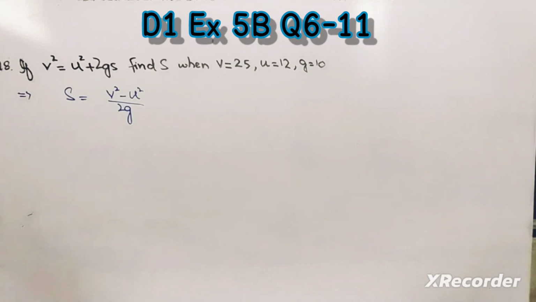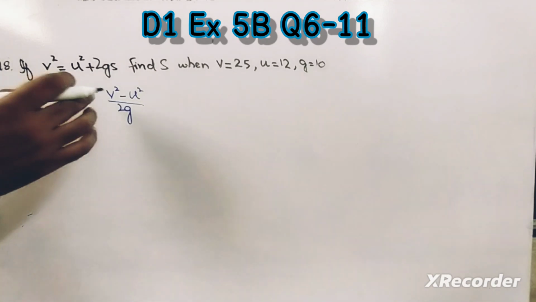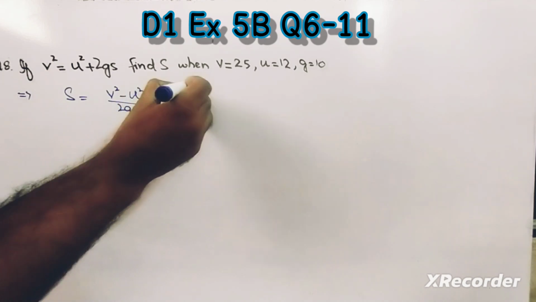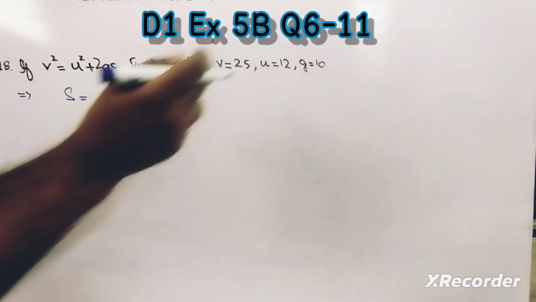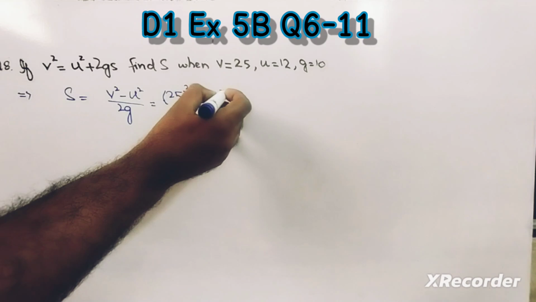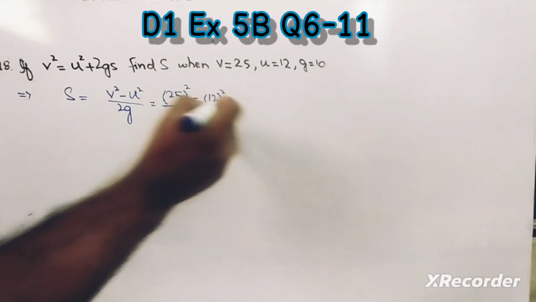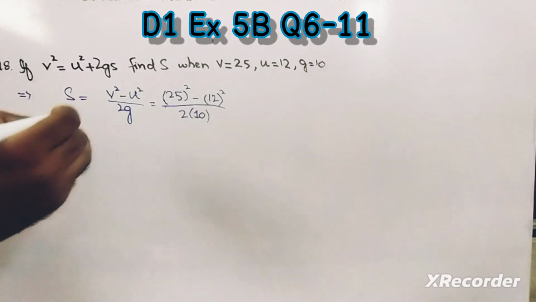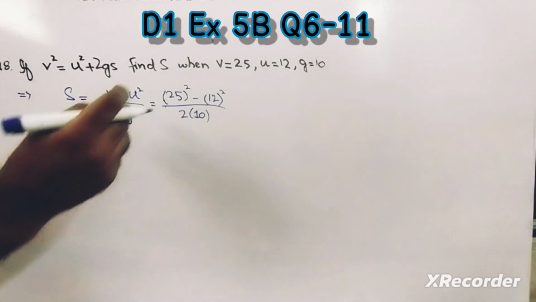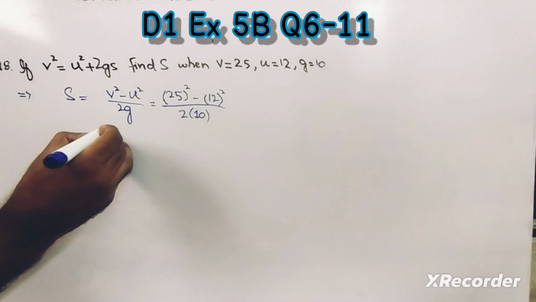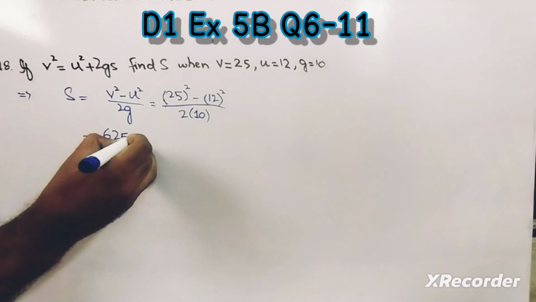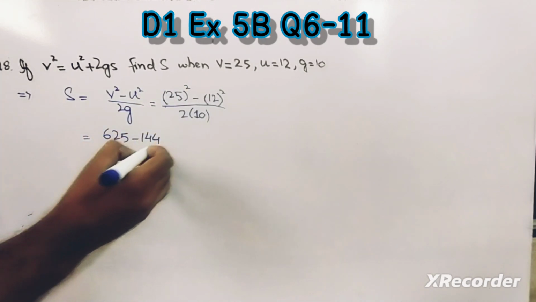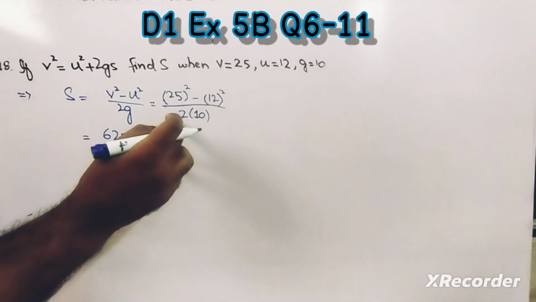Now substitute the values of the given variables, like that. V square means square of 25, minus u square, that is 12 square, upon 2g, 2 times 10. By solving, what we get is square of 25 is 625, less square of 12 is 144, upon 2 times 10 is 20.